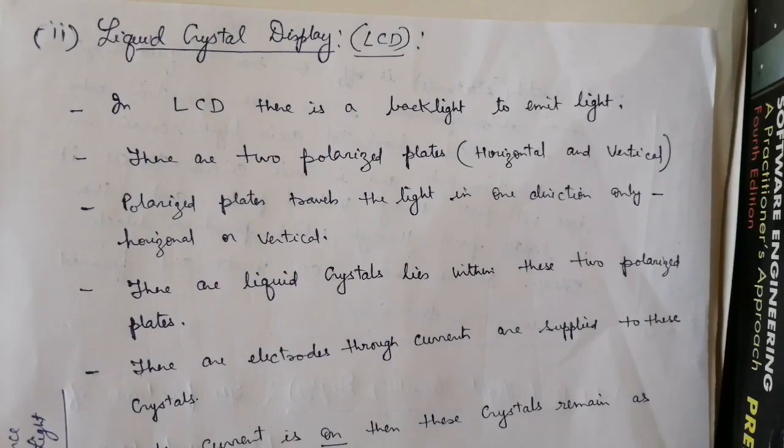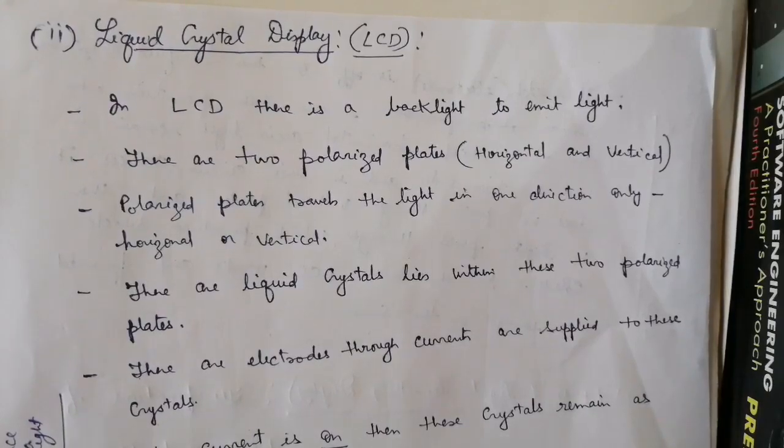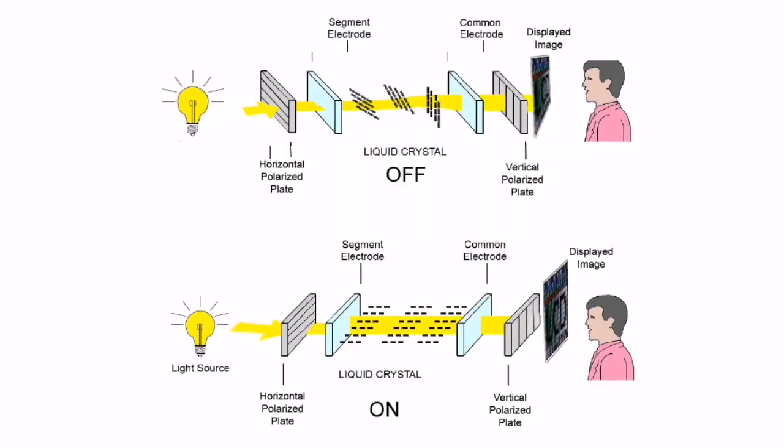When we see the internal structure of LCD, it contains a backlight as a source of light.